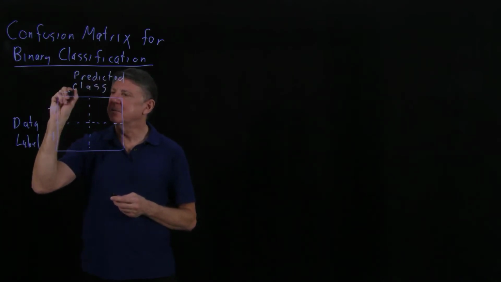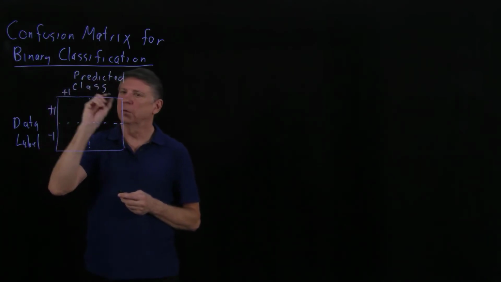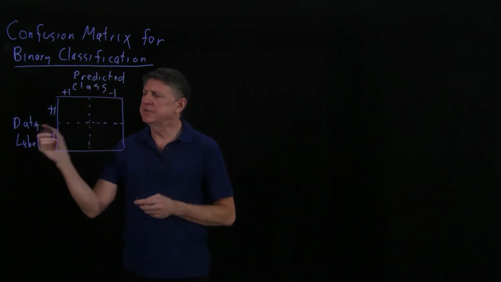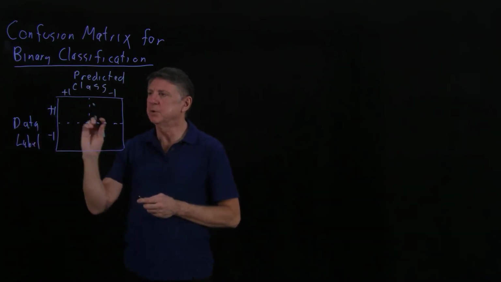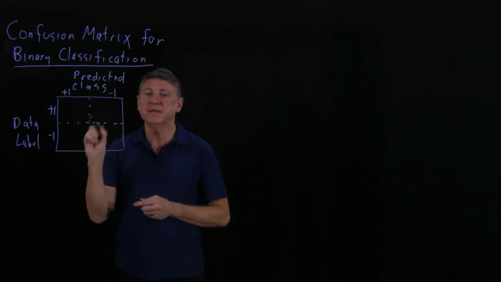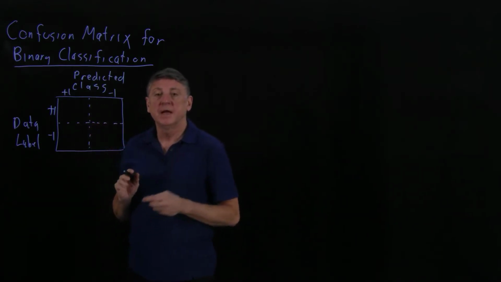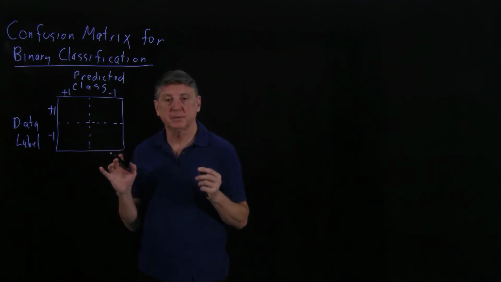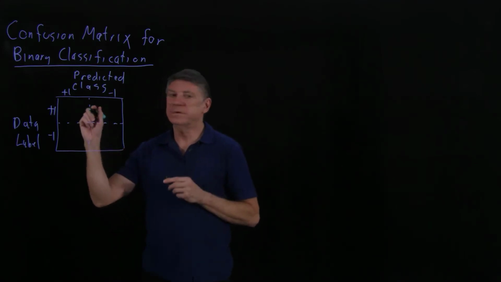And this will either be +1 or -1. And if this was a truth table, these would be the inputs and this would be the outputs, and we would then fill these values in. In the case of a confusion matrix or a contingency table, this is what we fill in.